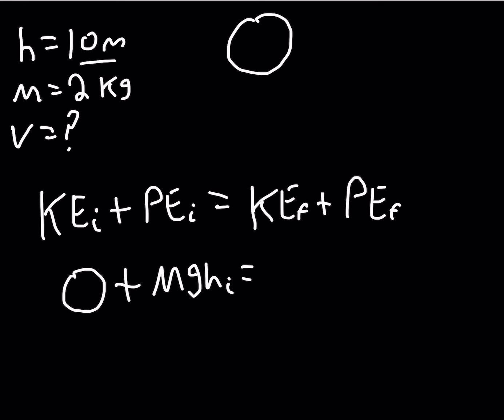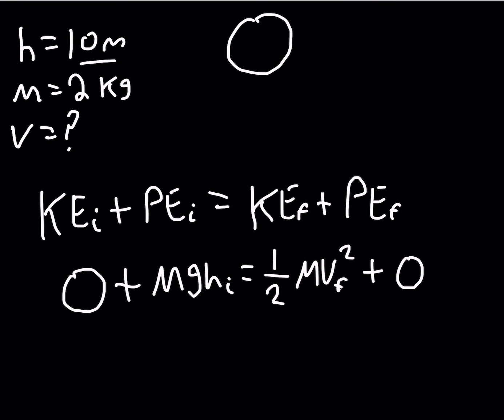So 1/2 mv squared. And I'm going to put an f right next to velocity just to show it's final velocity. And we're assuming that over here with our initial kinetic energy, velocity there would have been our initial velocity, which was 0. And that's going to be plus 0.